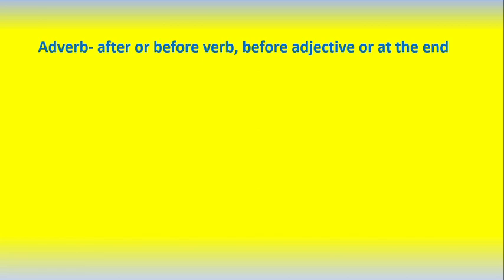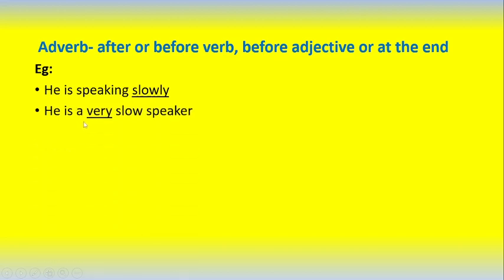Next one, adverb. How can we use an adverb in a sentence? Let us see the example. He is speaking slowly. So here slowly is an adverb. Where is it used? It is used after the verb, right? He is speaking slowly. He is a very slow speaker.